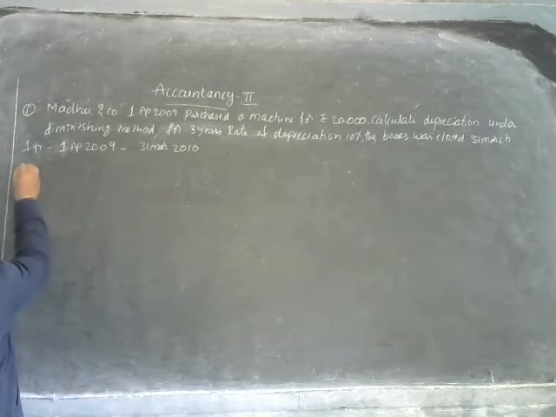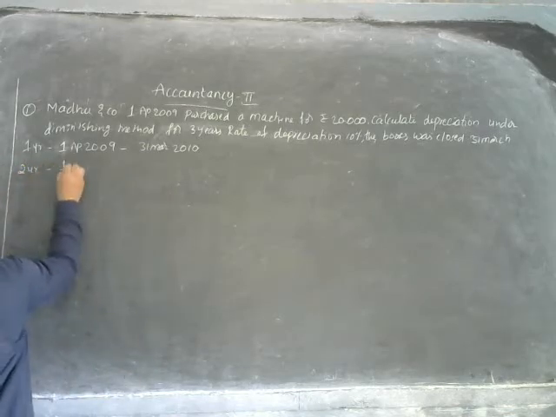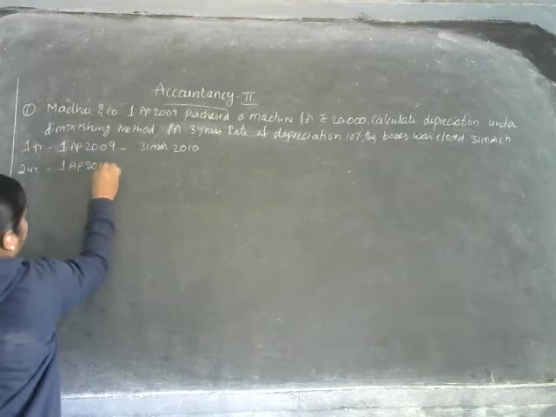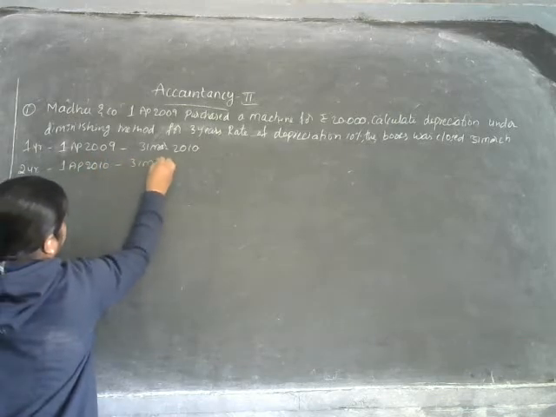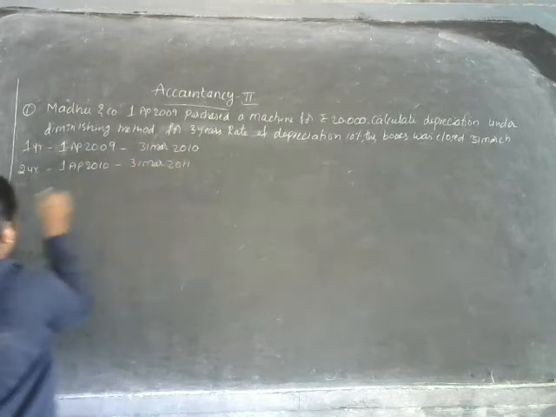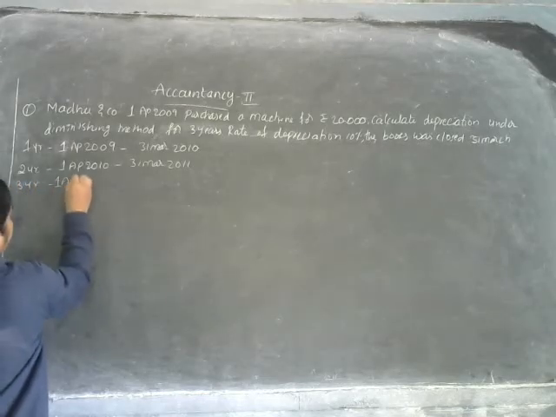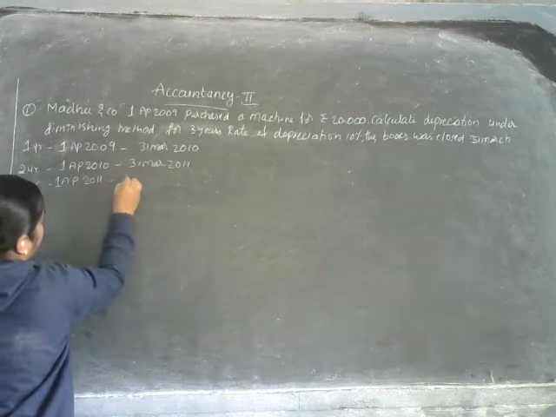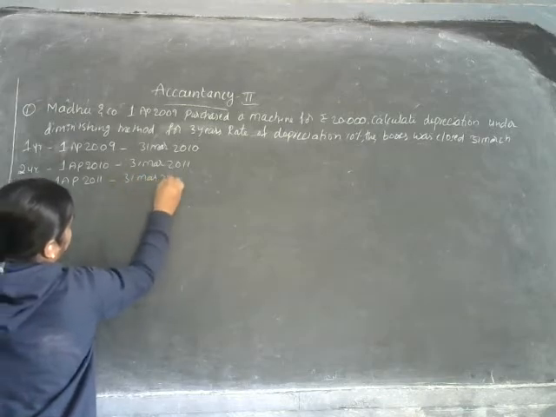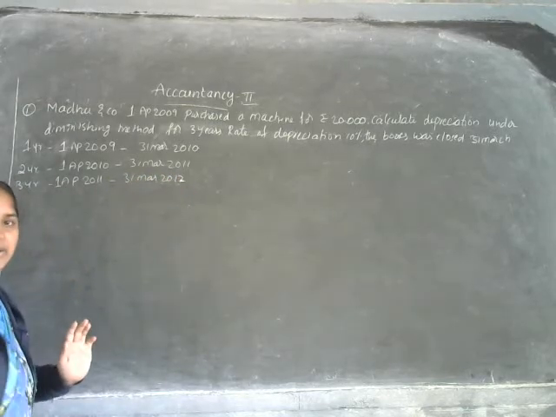And what is the second year now? Second year is 1st April 2010 to 31st March 2011. Third year is 1st April 2011 to 31st March 2012. So this is 3 years.